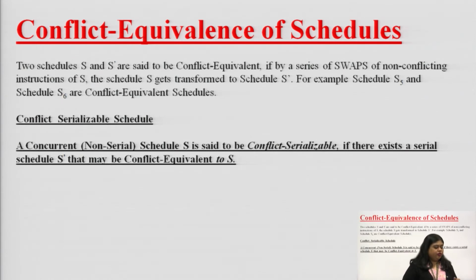Now, what is a conflict serializable schedule? A concurrent or non-serial schedule S is said to be conflict serializable if there exists a serial schedule S dash that is conflict equivalent to S.